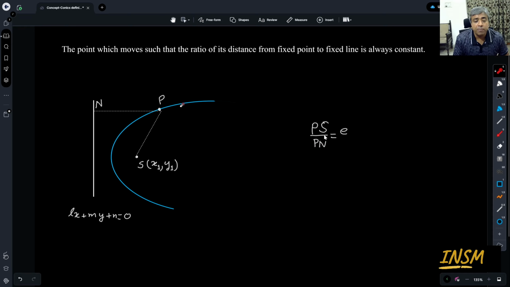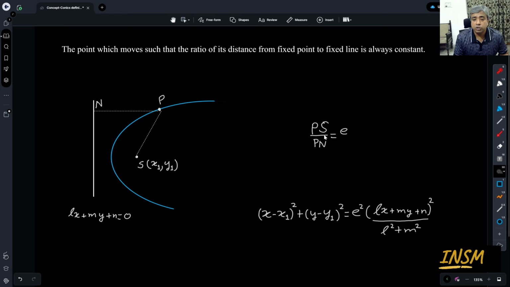Take a variable point P as (x, y), and its distance from this point, that is PS, will be equal to e times PN. Then we can square both sides to get the final form of the equation, which would come out like this. (x - x1)² + (y - y1)² is your PS², which should be equal to e² times the squared distance PN, since we squared both sides.